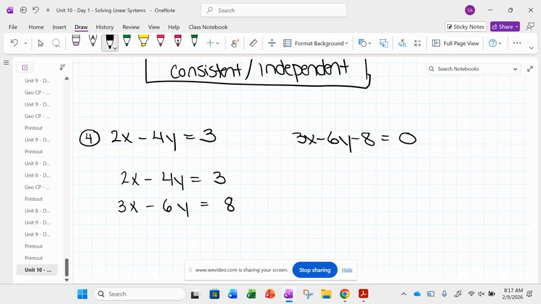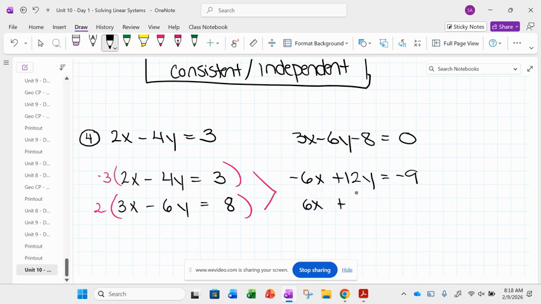If I'm opting to cancel out the x's, I'm multiplying the whole top equation by a -3 and the whole bottom equation by a +2. And when we get that, I'm going to get a -6x plus 12y equals -9. And in the bottom equation, I have a +6x, a -12y, and a +16.